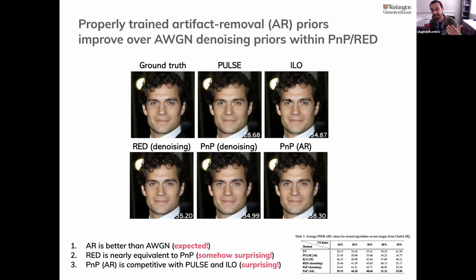And this is a StyleGAN trained on faces, which is a pretty good regularizer. And here we trained an artifact removing network, and here's a denoiser. The reason I'm showing this is just to show you that by going beyond denoisers and training it properly, you can improve over the denoising performance. Okay, denoisers are great, but also restrictive when you use them as a prior. It might not be necessary for you to restrict yourself to denoisers.